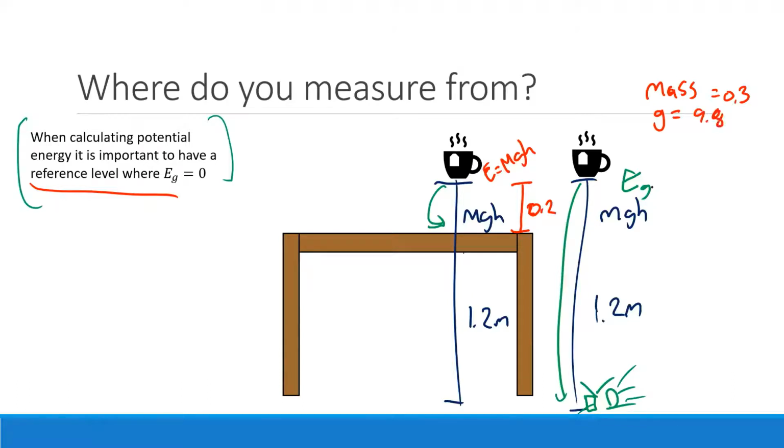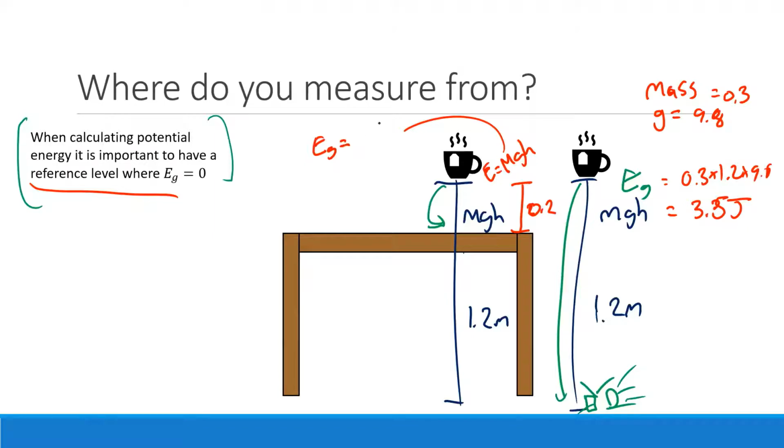So if we calculate the energy, E equals mgh, it's going to be 0.3 times 1.2 times 9.8, which gives us 3.5 joules.